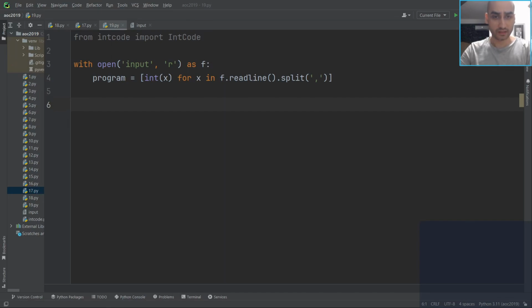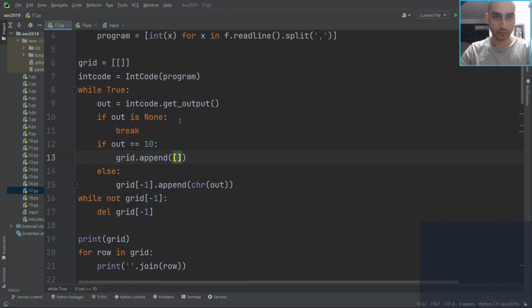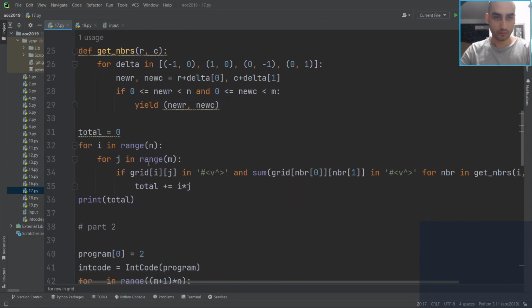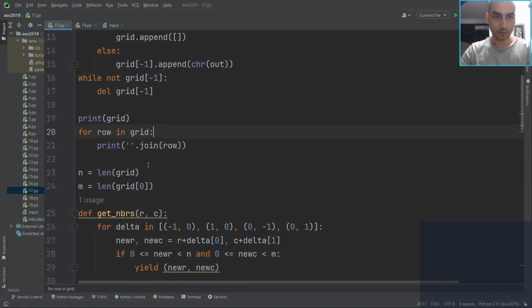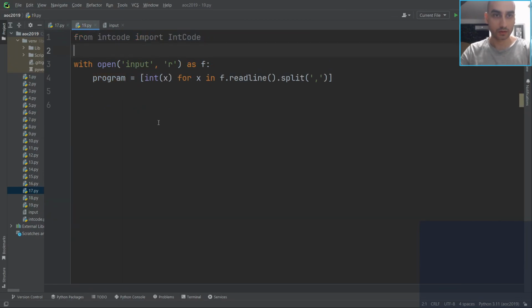How many points are affected by the tractor beam? So basically... Okay, so... Right, so where do we create the Intcode? Do it like this. Intcode equals Intcode program.